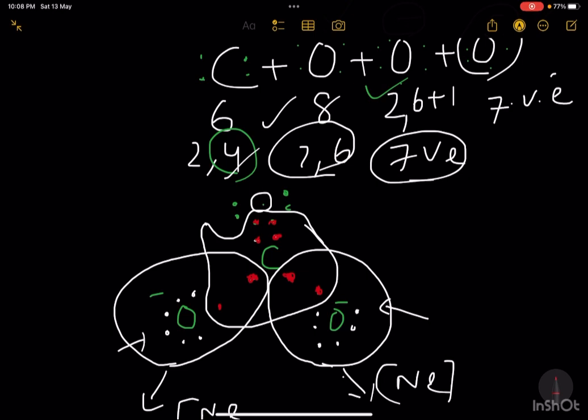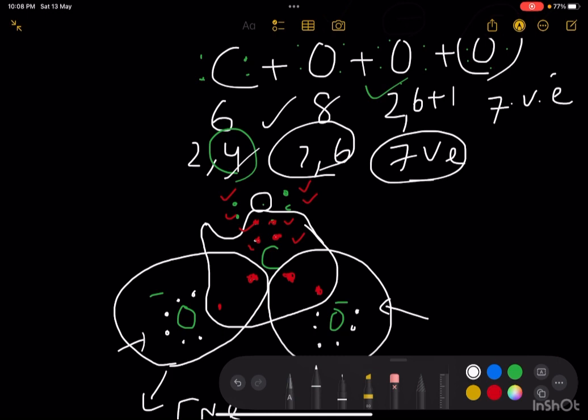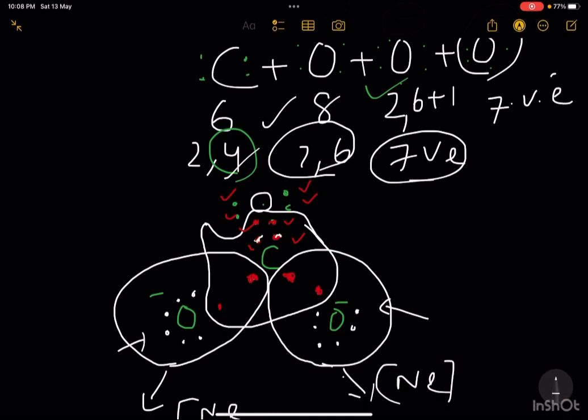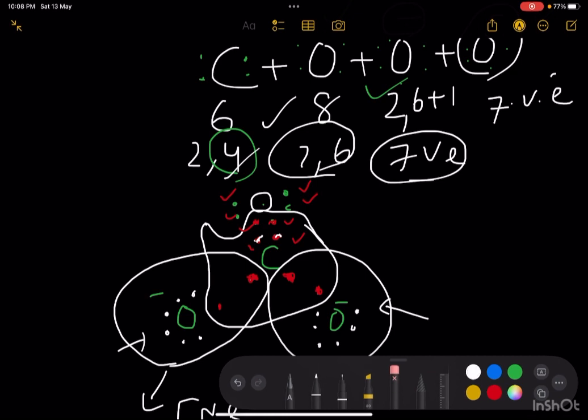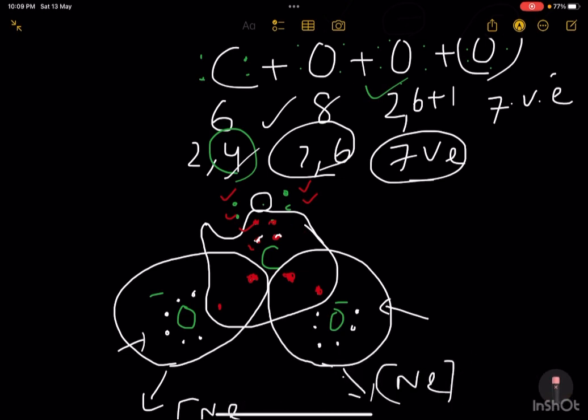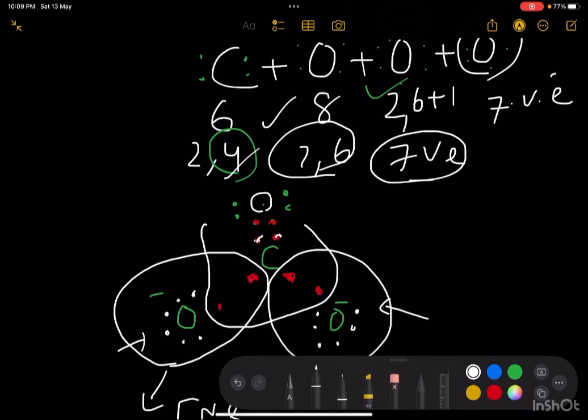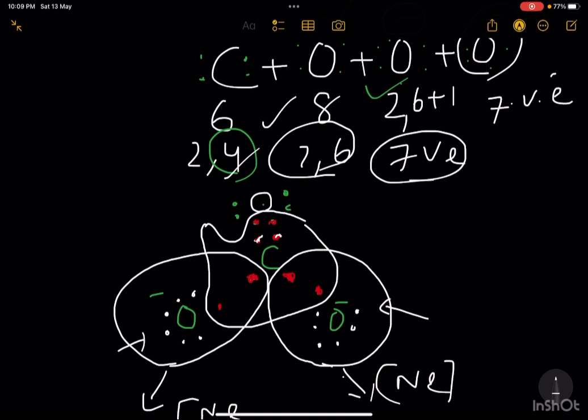Now the oxygen present above carbon also attains octet. How? You see, 1, 2, 3, 4, 5, 6, 7, 8. These 2 electrons are also considered. Let me rub the tick marks so that it will be easy for you to count. And this oxygen has 8 electrons. This is for carbonate.